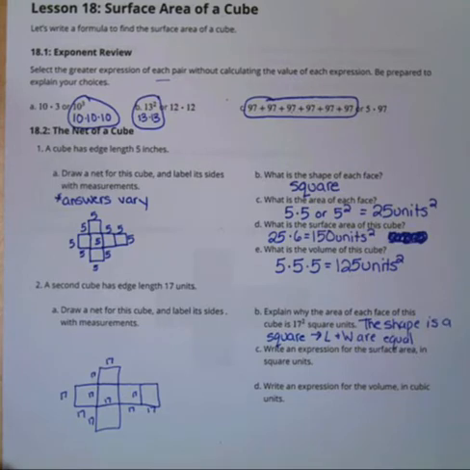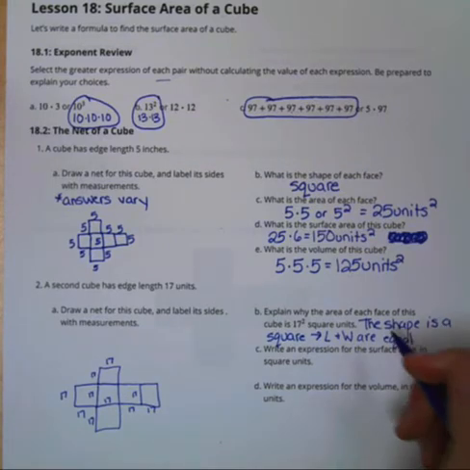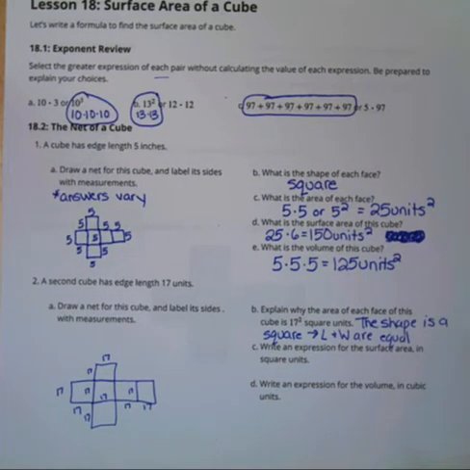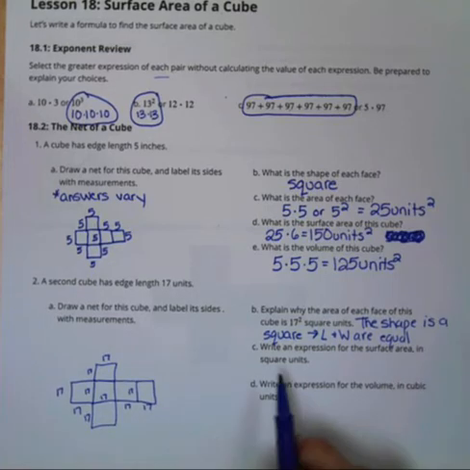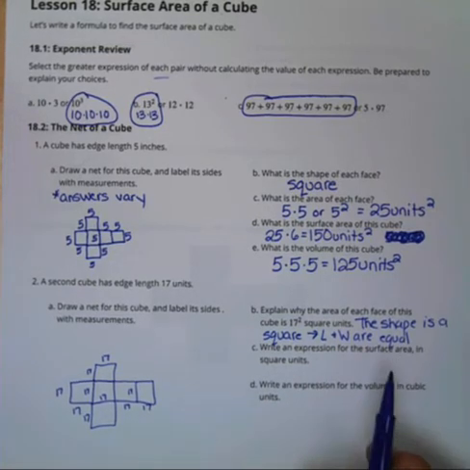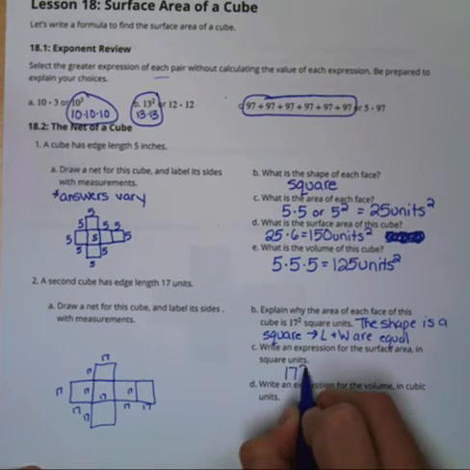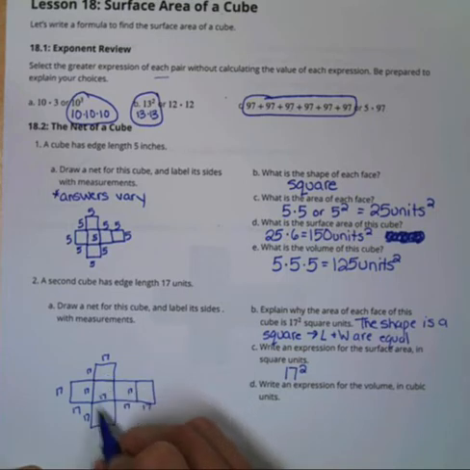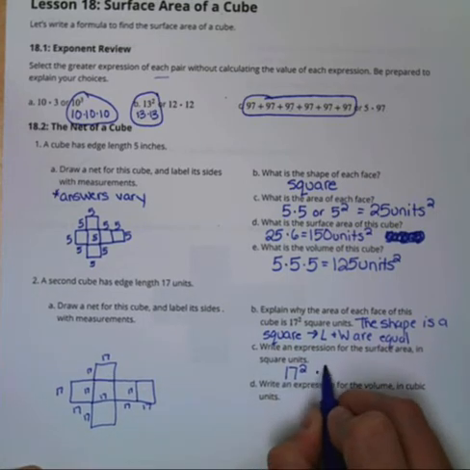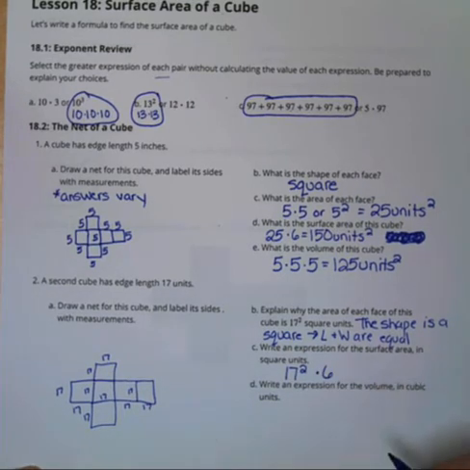They're both 17, so 17 squared is the area. Write an expression for the surface area in square units. 17 squared is the area of 1, but we have 1, 2, 3, 4, 5, 6 of these, so 17 squared times 6 would give us the surface area.